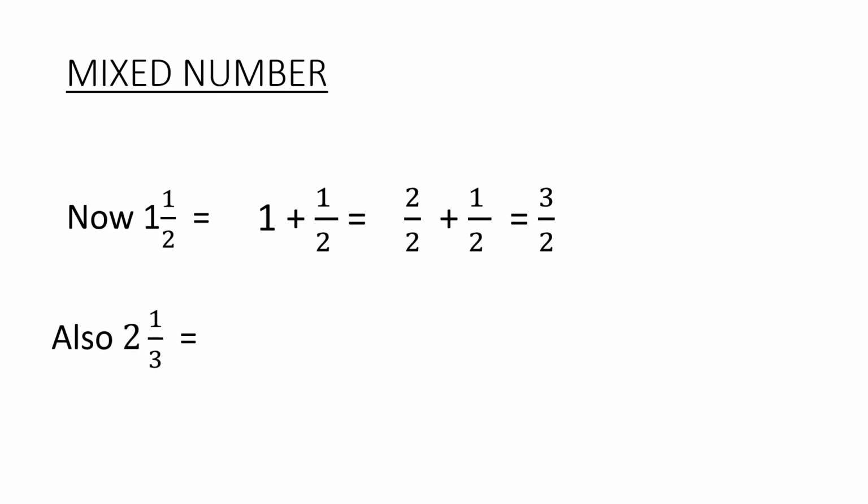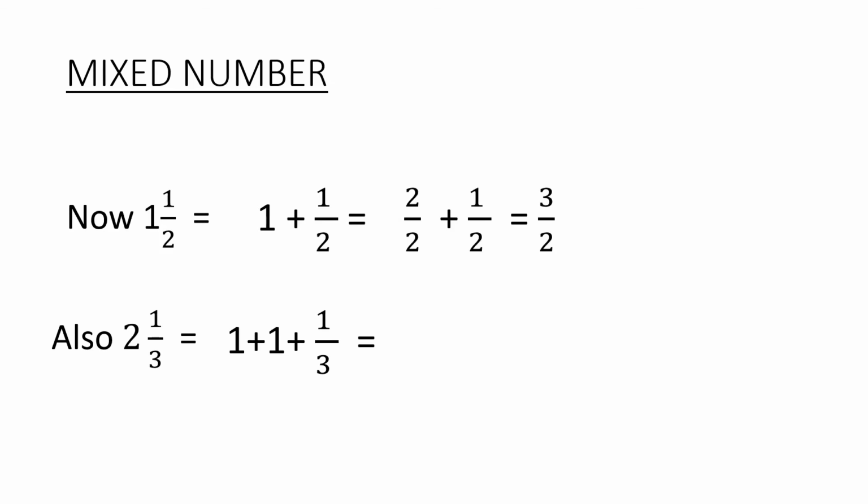Let us look at another example. 2 and 1/3. What we'll have to do here is to separate the 2 into ones. So we have 1 plus 1 plus a third. And as we did before, we're going to express the whole number into unit fractions. In this case, the whole is divided into 3. So therefore, the unit fraction would be divided into 3.